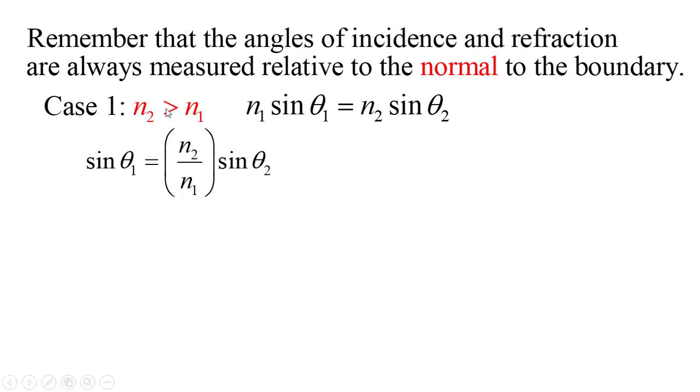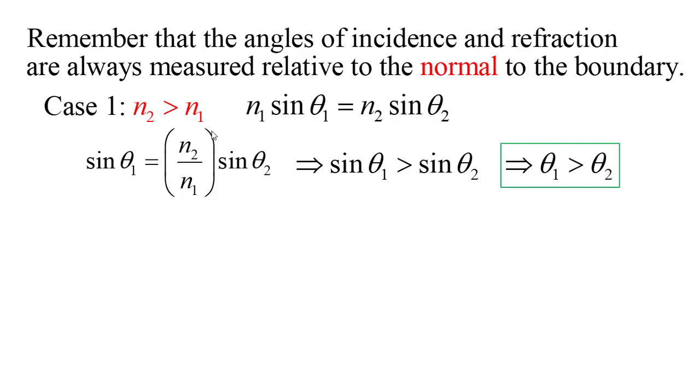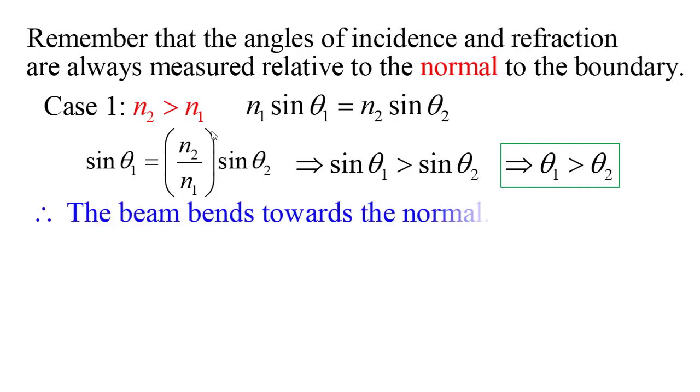Together with the condition n2 is larger than n1, sine theta 1 must be larger than sine theta 2 in order for this to hold true. In other words, theta 1 is larger than theta 2. The beam bends towards the normal. If n2 is greater than n1, the beam bends towards the normal.